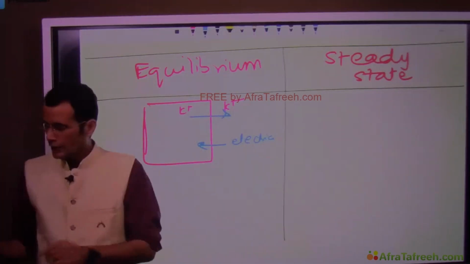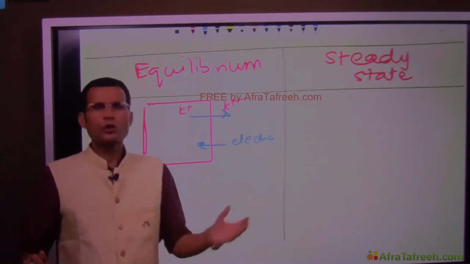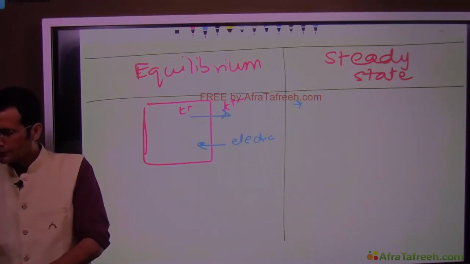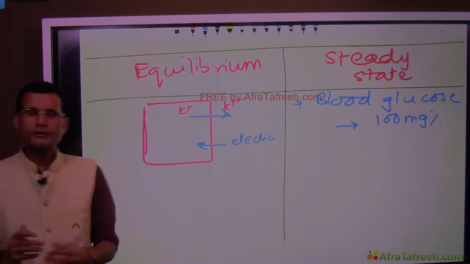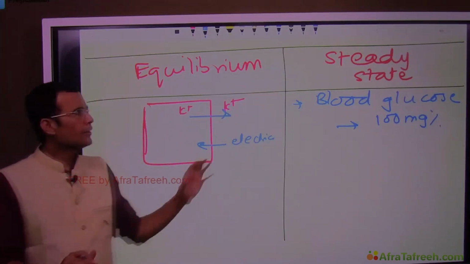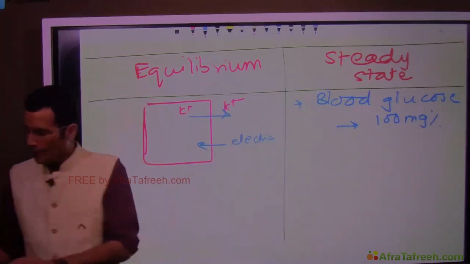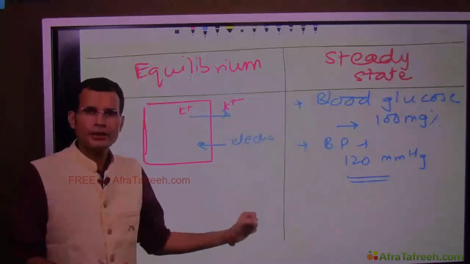So that's the example. For the steady state condition, there are lots of examples. For example, when blood glucose is maintained at 100 mg%, it's held constant at 100 mg%. We say this is a steady state condition. Or when blood pressure is maintained at, let's say, 120 millimeters of mercury, it's a steady state condition.